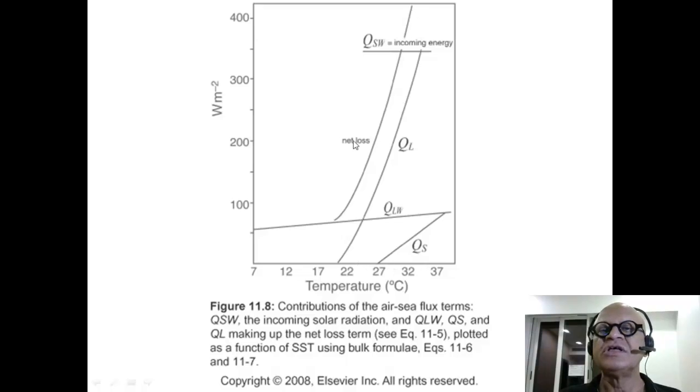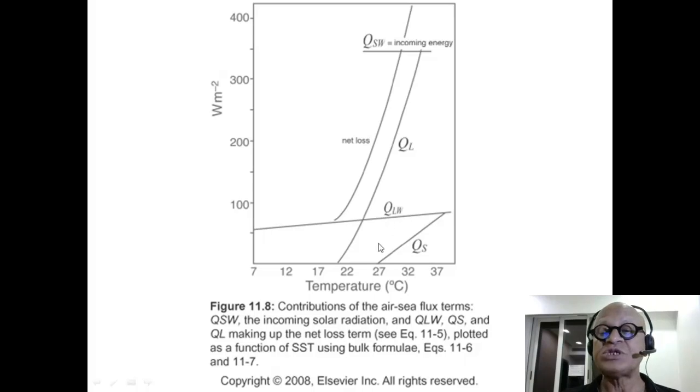So here is the incoming solar energy up here at 342 watts per meter squared, and the latent heat loss is going to increase almost exponentially with temperature, because the specific humidity with Clausius-Clapeyron is going to increase. Of course, there is a linear wind dependence as well. Obviously, winds become very critical in the subtropical gyre.